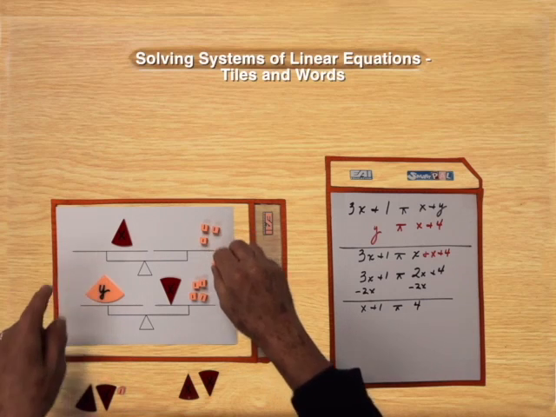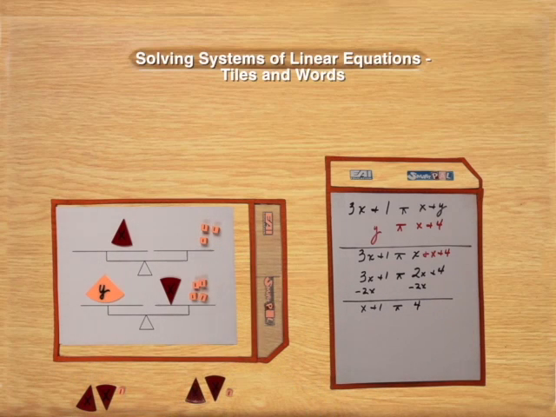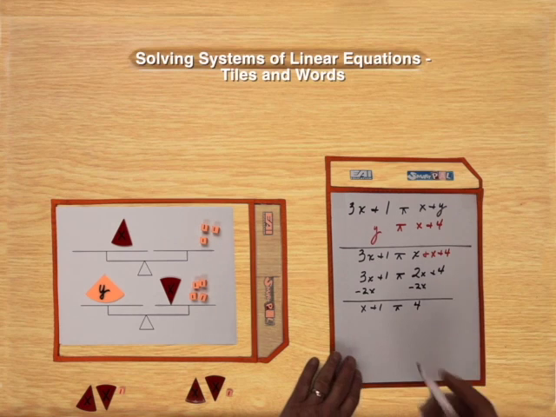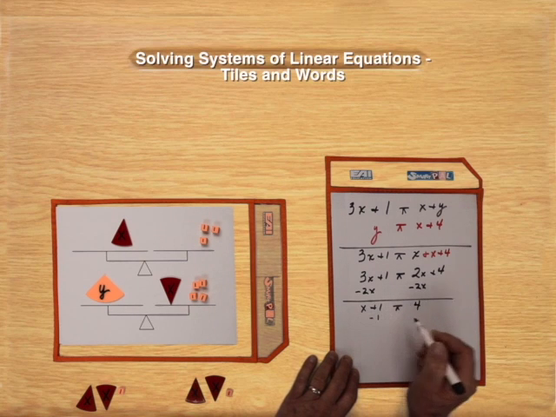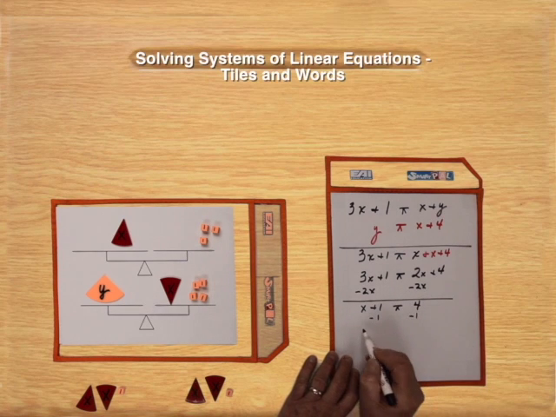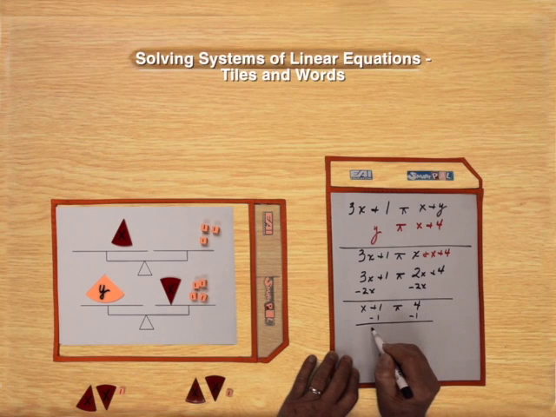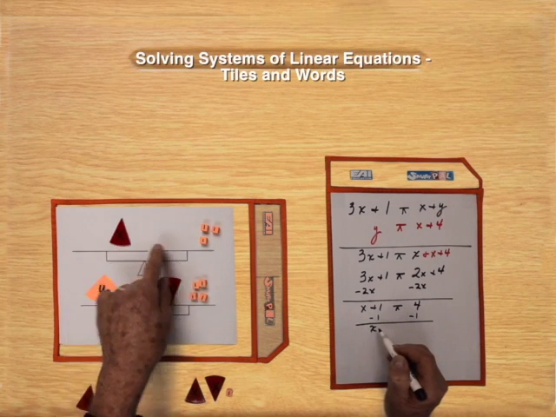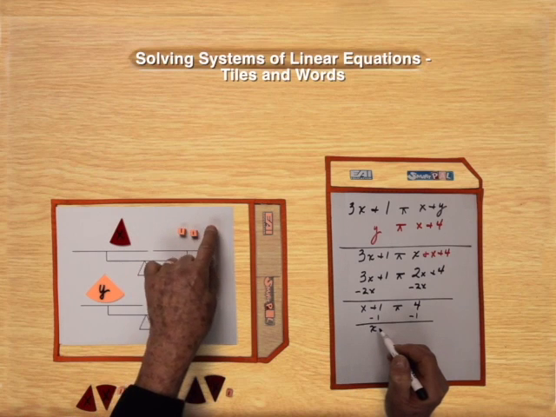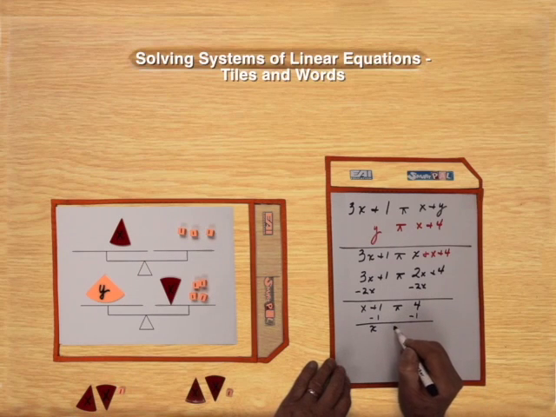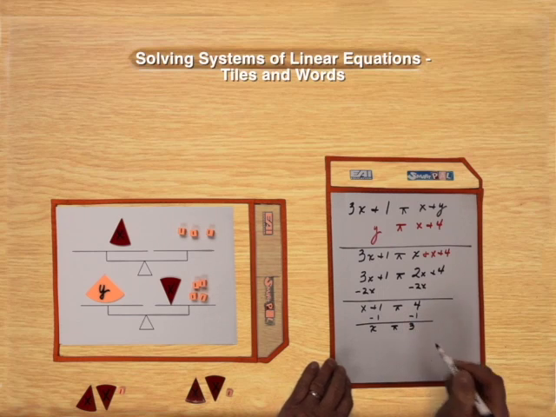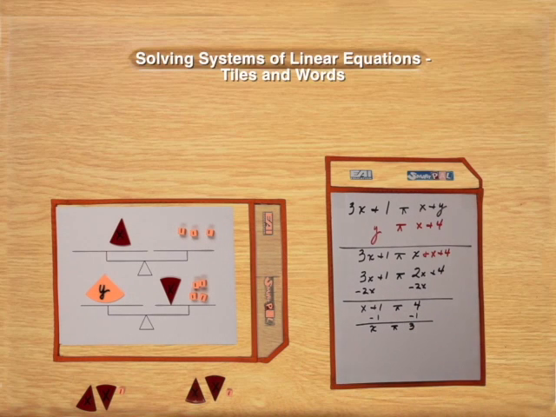We take 1 off the left side, we take 1 off the right side, and let's record that. That's going to leave us with x balancing 1, 2, 3. So now we know that x balances 3.